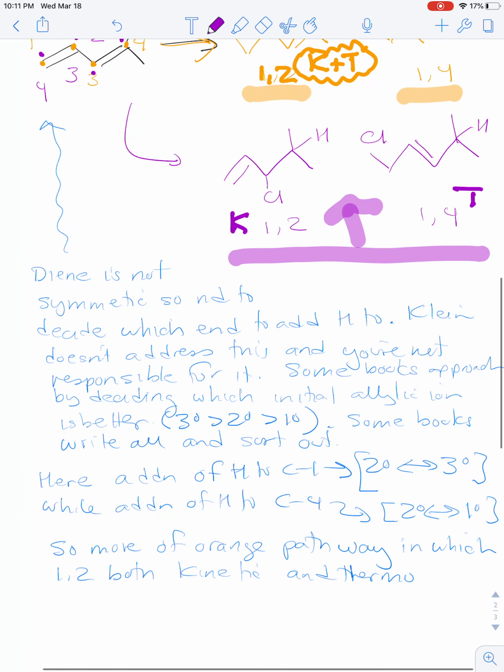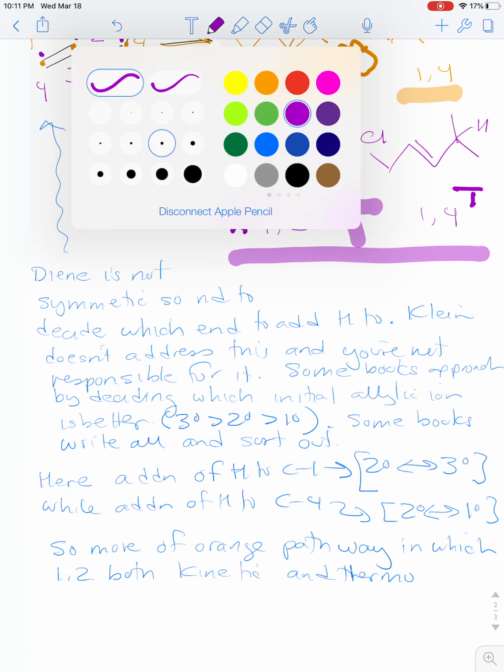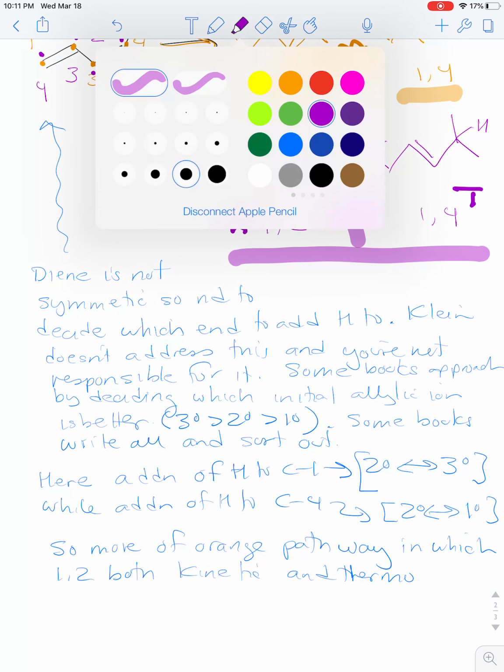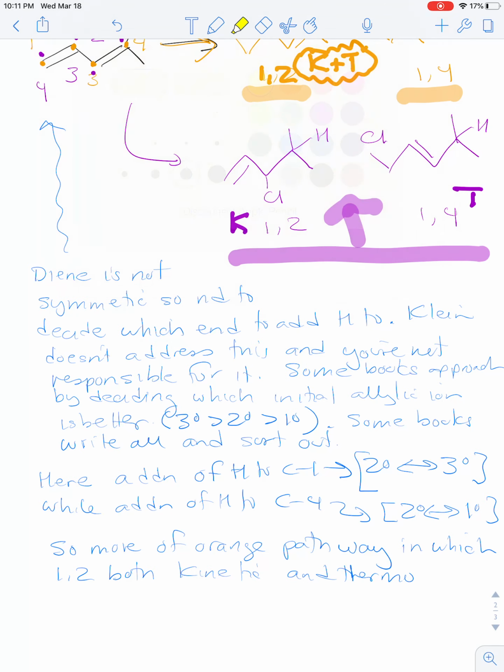What some books will do with this, as I said, let me try to highlight this in yellow. So the diene, as I said, I did not mean to do that. Let's try highlighting. So the diene is not symmetric. So what some books will do is they'll decide which end you need to add the hydrogen to.